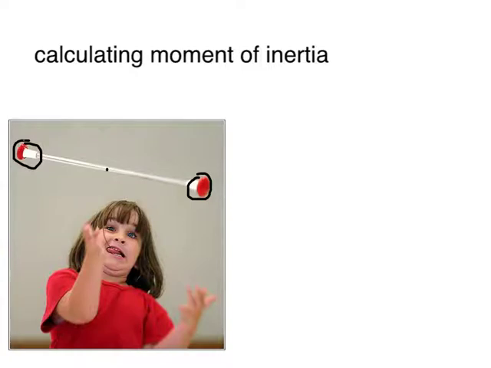In order to find the moment of inertia, we need to add up the products of the masses times their distance from the center of rotation squared. So here's how this is going to look. I'm going to take mass 1 out here. It's at a position of r1.